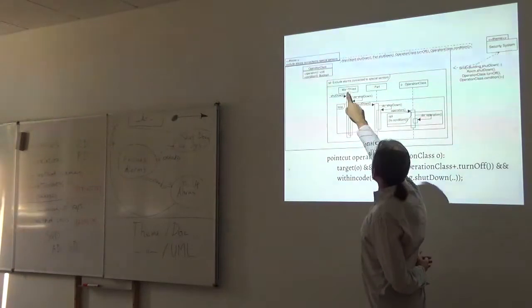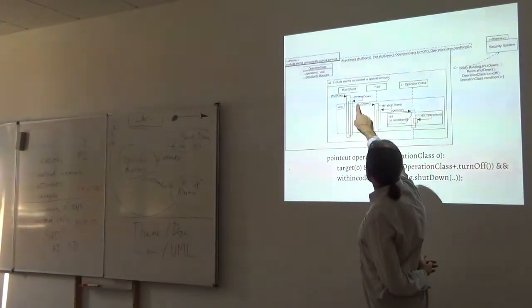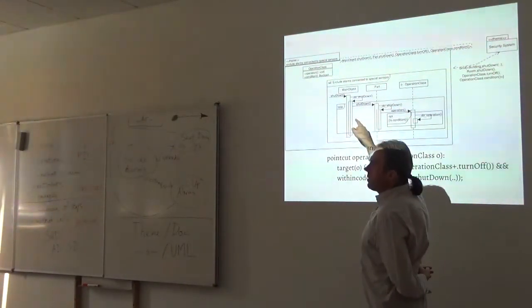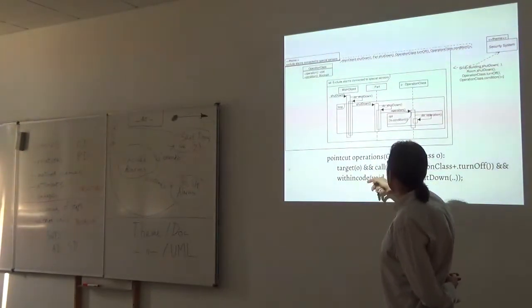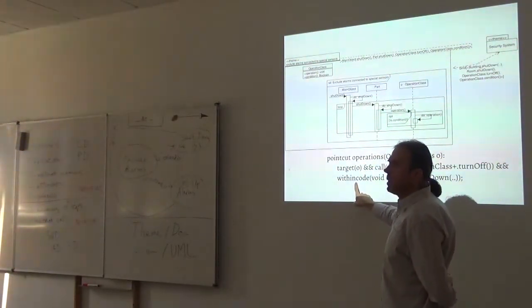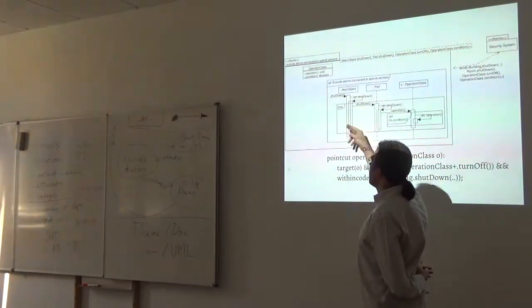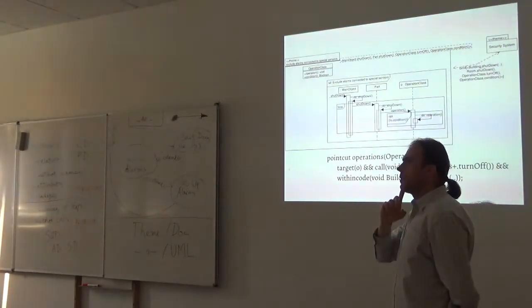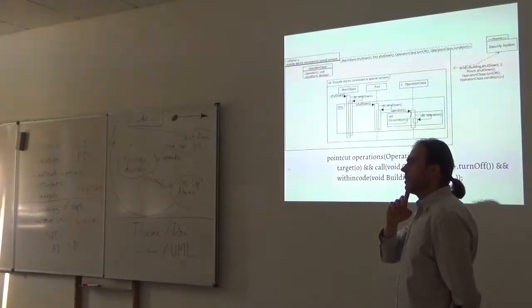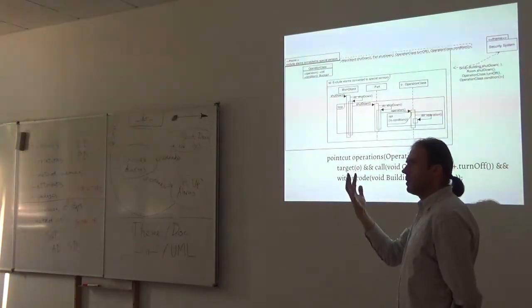And within code of shutdown, we have only the lexical contents of that method. Within code point cut belongs to the family of within point cuts, which deal only with the lexical content of elements.